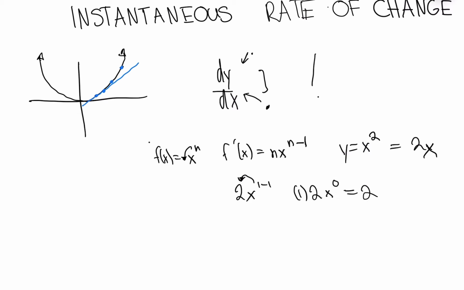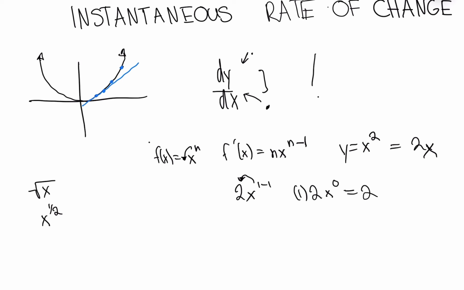Now, a bit of a trick question. How many differentiations will it take to get the square root of x to equal 0? And remember, the square root of x can be represented as x to the 1/2. I'll give you some time.